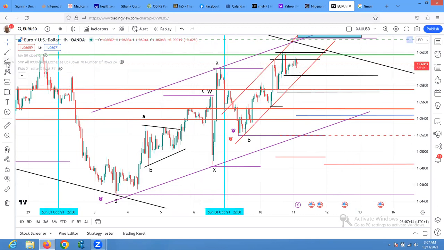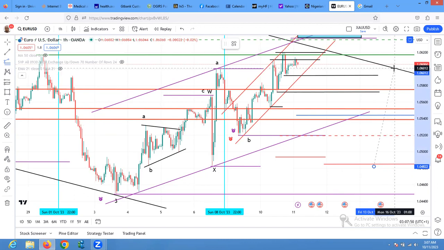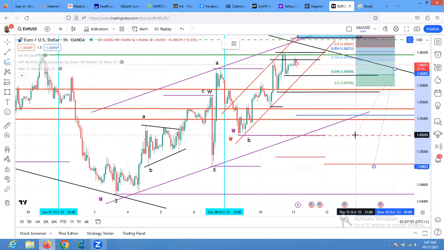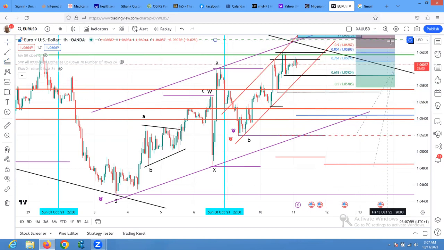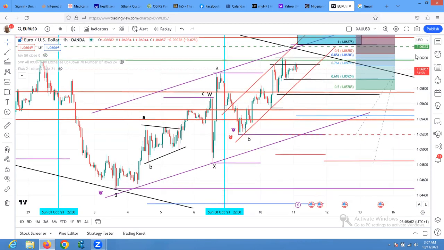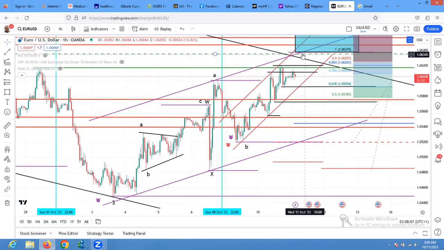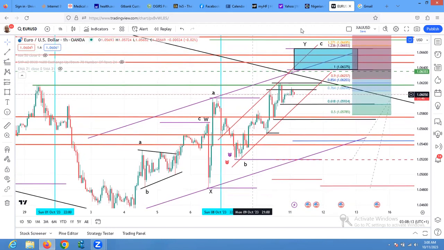So if you're looking for at least 100 of that immediate structure, from the origin of A of Y to the end of A of Y to B, if you do that, we'll see our 100 around this area and our 123 around this area.